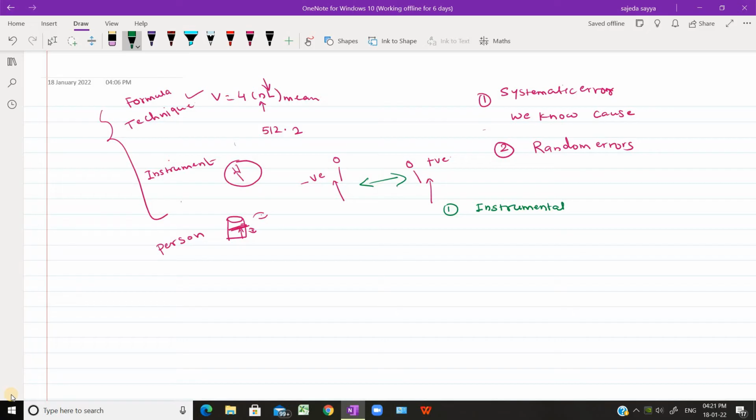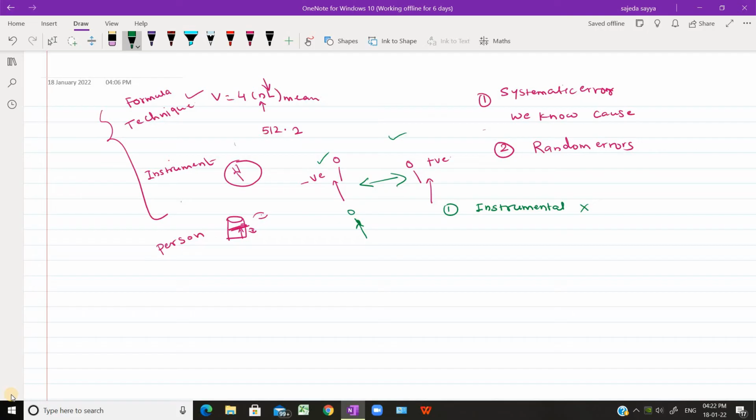If you check the instrument before starting your experiment, then you can either replace this instrument, or fix the pointer in such a way that it coincides exactly with the zero of the milliammeter. If this is done, then the instrumental error can be removed from the measurement.